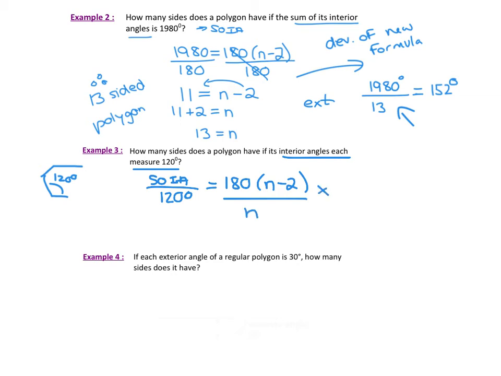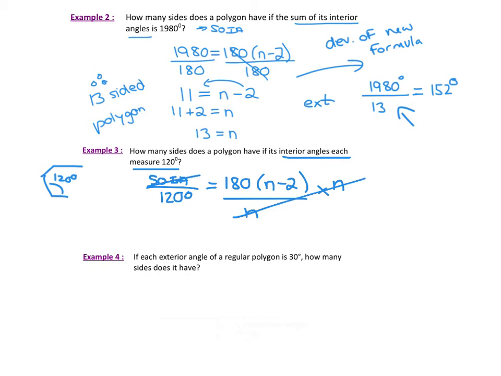So we would multiply n to the other side as well. Okay, so we kind of have a formula looking like this. So we're left with 120 degrees equals 180 times n minus 2 over n. And so we can kind of work from there as we get going.